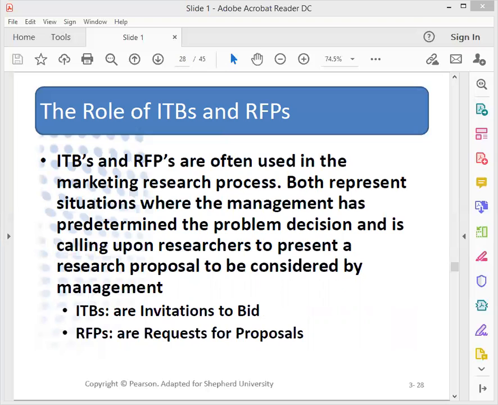The significance of an ITB or RFP is that researchers still have an obligation to ensure that the managers have defined the problem correctly.